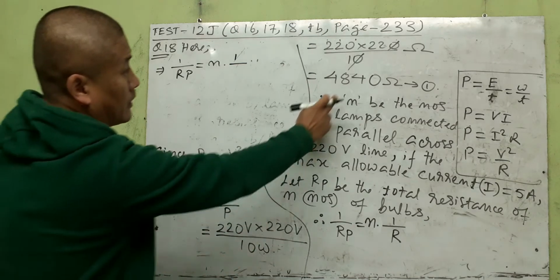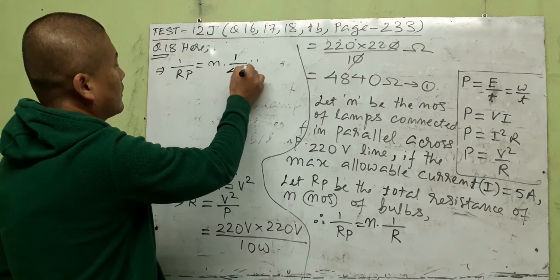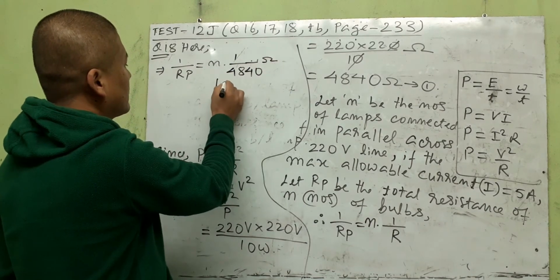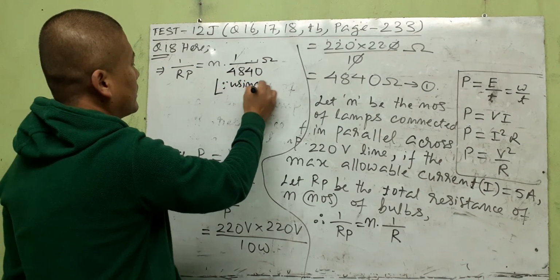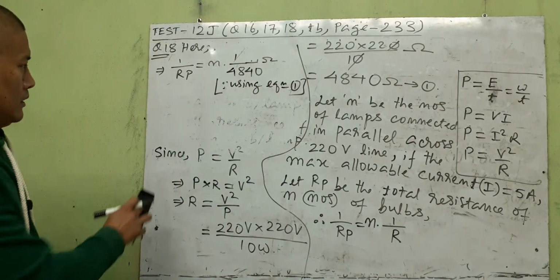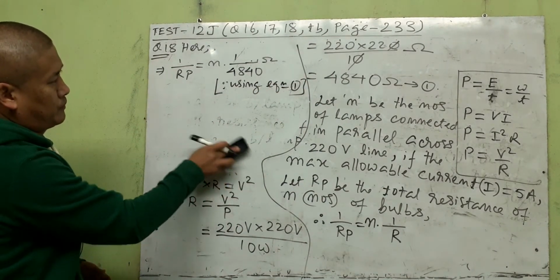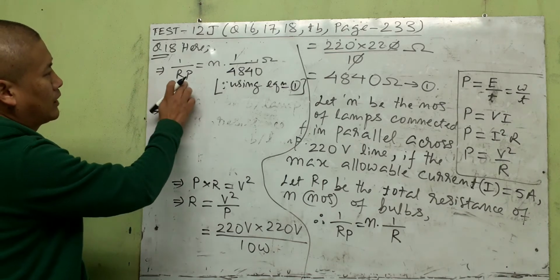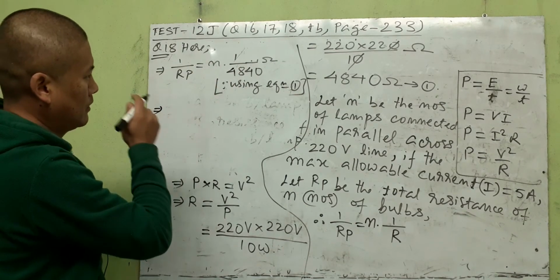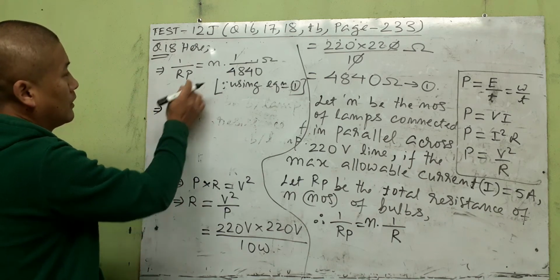Here we have 4840 ohms, and we can write here, using equation number 1, we can just bring it in the format of R. So Rp into n into 1 is here, Rp into n.